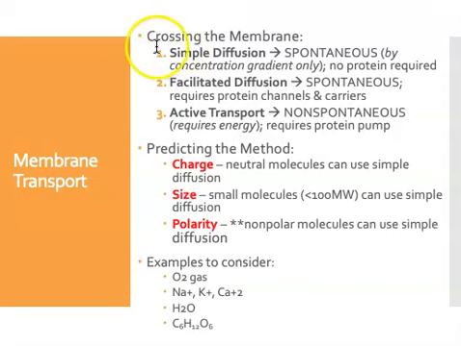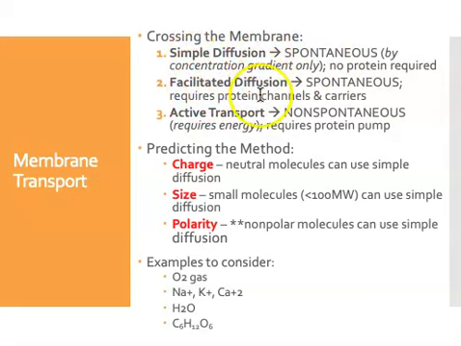Simple diffusion and facilitated diffusion will allow a gradient to resolve spontaneously without needing any kind of energy to be added in. Nothing special has to happen. The presence of the concentration gradient alone will make these transport processes happen.